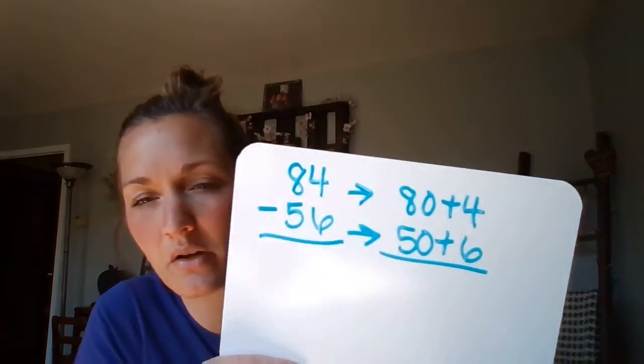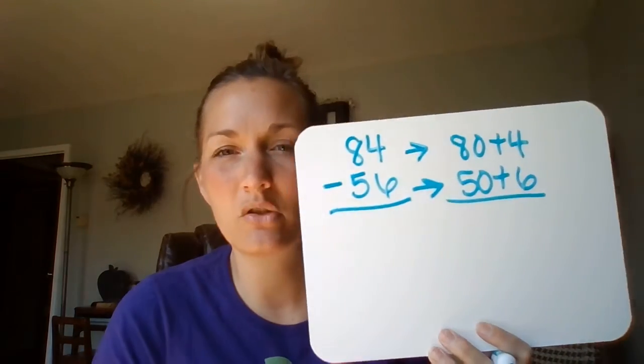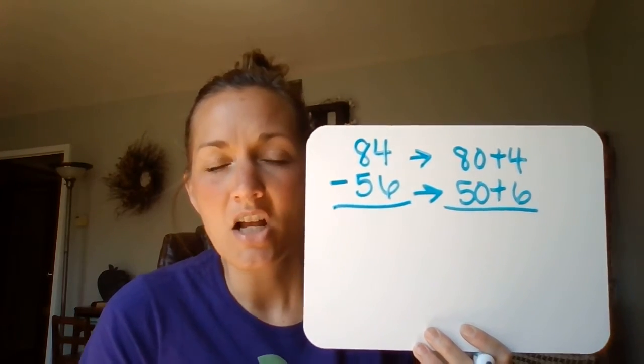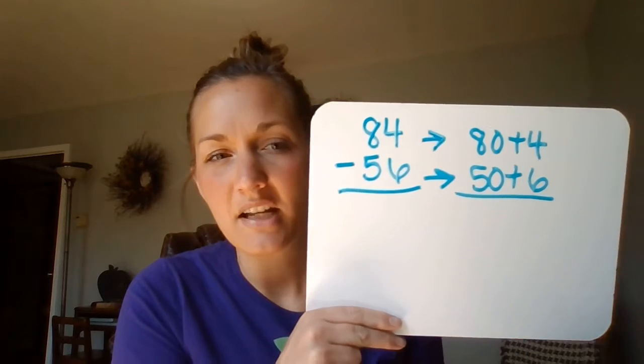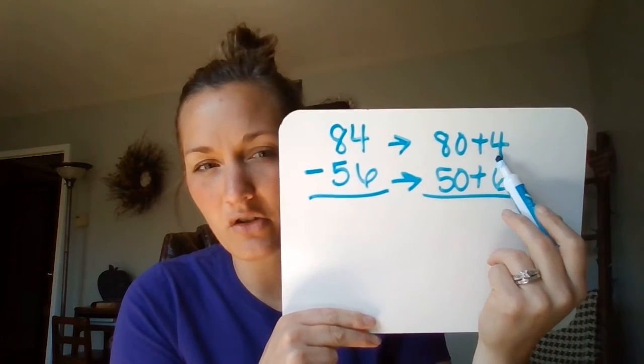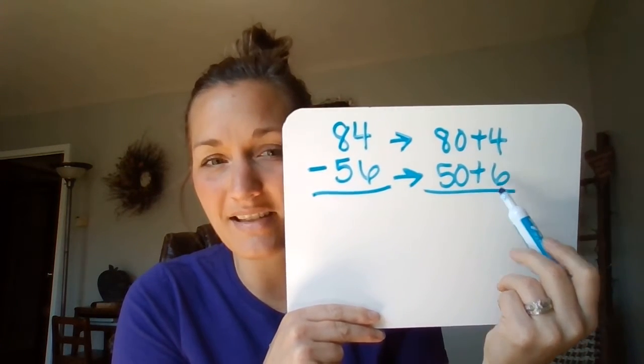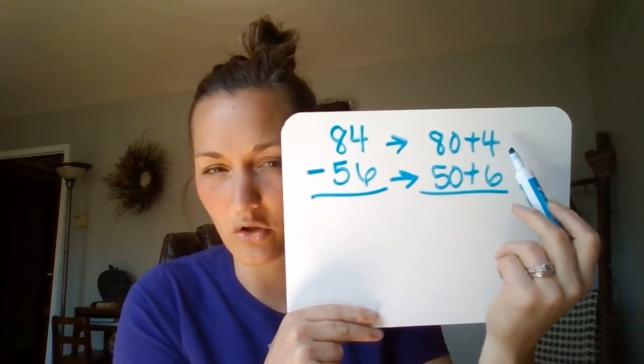Okay, so now here's where it comes to how we're going to trade. Yes, we see that this number is larger and we can't take away 6 from 4. 4 is not large enough.